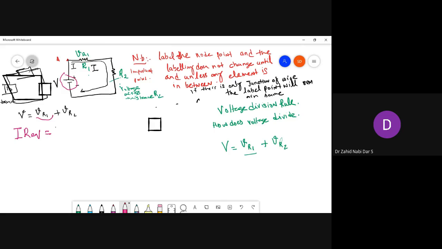So V by I is equal to R, so V is equal to I into R. So VR1 would be I into R1, plus VR2 would be I into R2. I we can take common, so I R equivalent equals I times R1 plus R2. So I will get cancelled, and R equivalent would be equal to R1 plus R2.